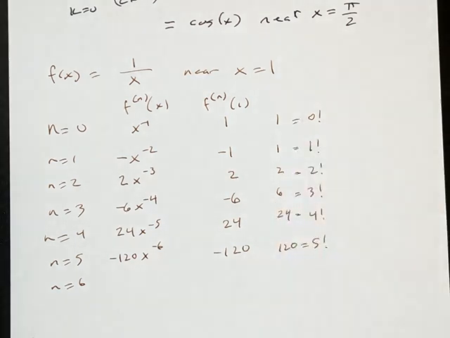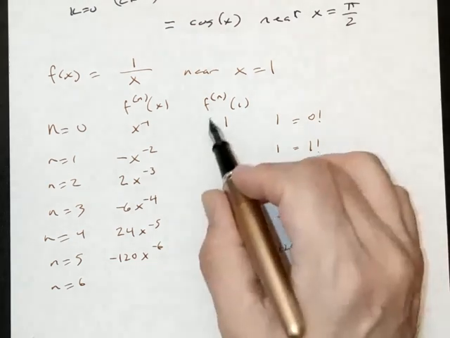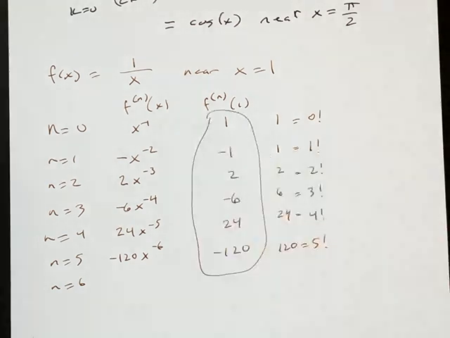So I'm going to make the claim that I should have a factorial in my pattern. But also see flipping back and forth from pluses and minuses, don't I? Because these numbers keep changing signs.